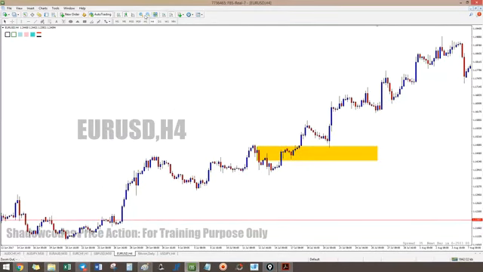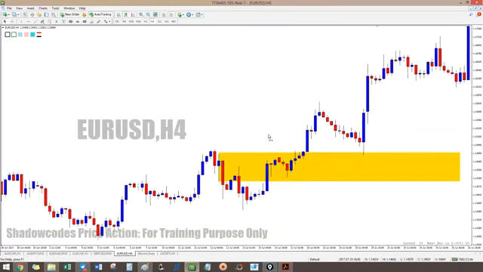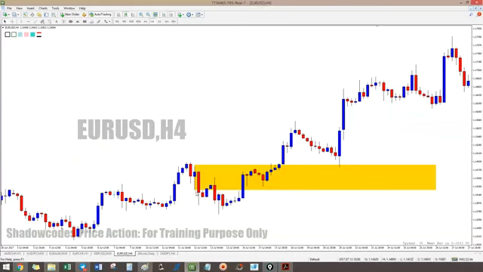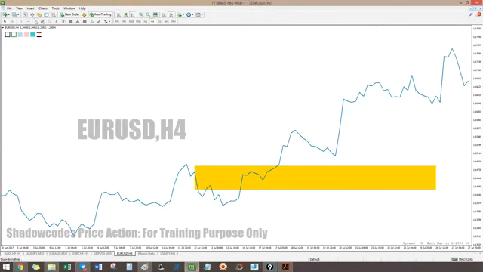Alright, this is our drop base drop. If we change it to RBS, it will look like this. This is our RBS.